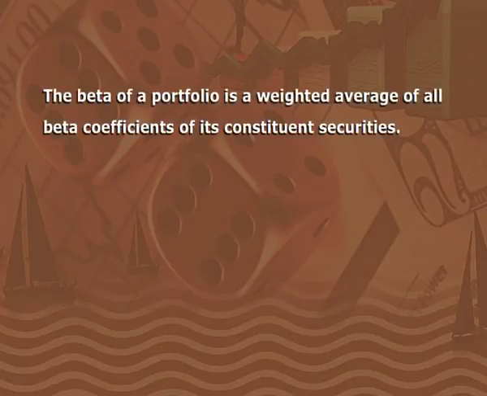Friends, let us understand beta of a market portfolio. If the return from the market portfolio rises or falls, we should expect a corresponding rise or fall in the return from an individual share. The amount of this rise or fall depends on the beta factor of the share. The beta of a portfolio is a weighted average of all beta coefficients of its constituent securities.